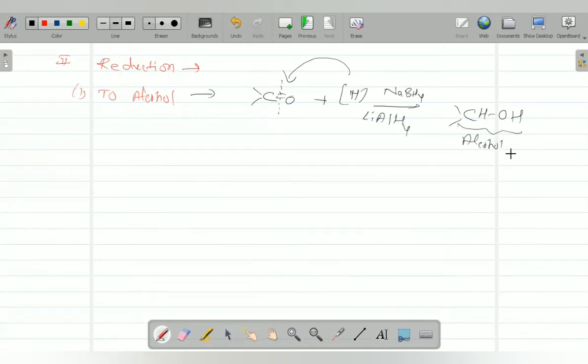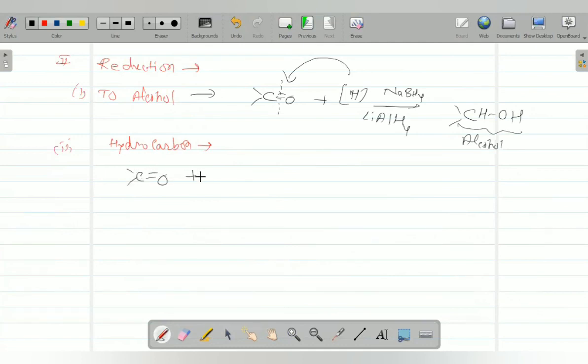So the common reducing agents LiAlH4 and NaBH4 convert it into alcohol. But if you take a strong reducing agent, then this will be converted into a hydrocarbon, that is an alkane. Take an example of hydrocarbon conversion.